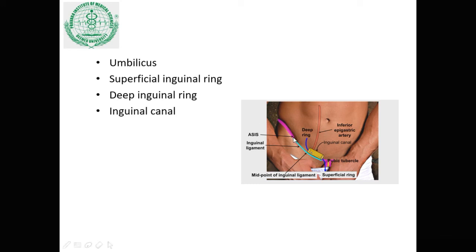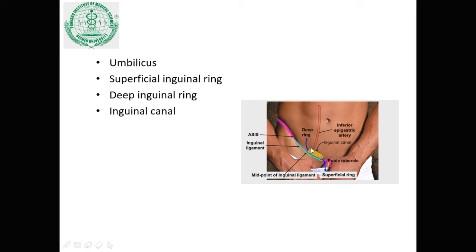Now here you can see the anterior superior iliac spine and the pubic tubercle. Now the inguinal ligament extends from the anterior superior iliac spine to the pubic tubercle. Then mark a point 1.25 centimeters above the midpoint of the inguinal ligament.